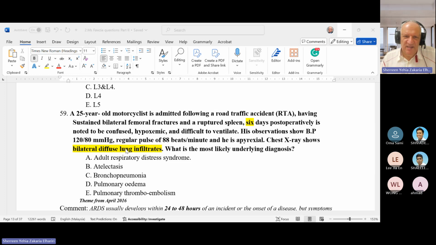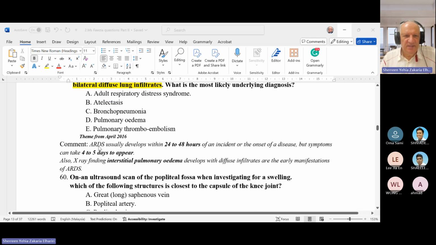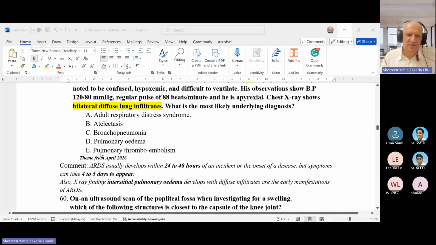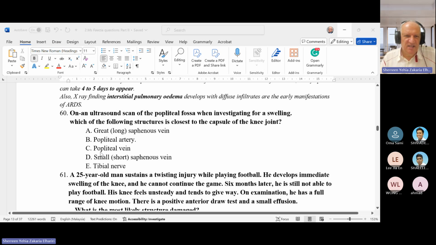If there are no bilateral diffuse lung changes, it can be any chest infection or bronchopneumonia or others. So as I mentioned, ARDS develops early, but its presentation on X-ray takes 4 to 5 days. Of course, sometimes you can diagnose by ventilation-perfusion scan and others.